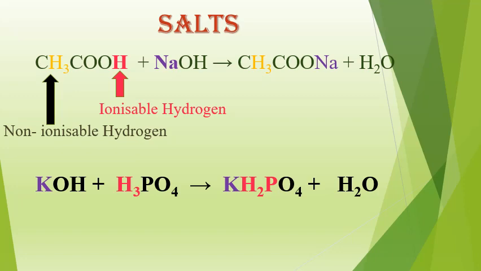There are still 2 more hydrogen atoms remaining which can be replaced or substituted. So this is a salt formed by partial replacement of the hydrogen ion. So when an acid and a base react, what we have seen is that a basic radical replaces the ionizable hydrogen atom and results in the formation of a compound which is a salt.